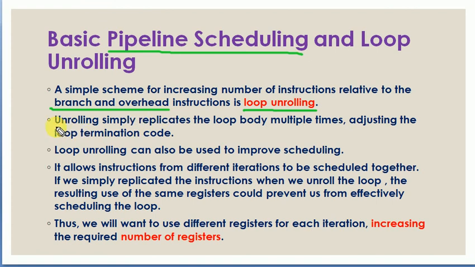So what is this unrolling? Unrolling simply replicates the loop body multiple times. Normally, in simple terms, from 1000 to 0, we are repeating the loop 1000 times.